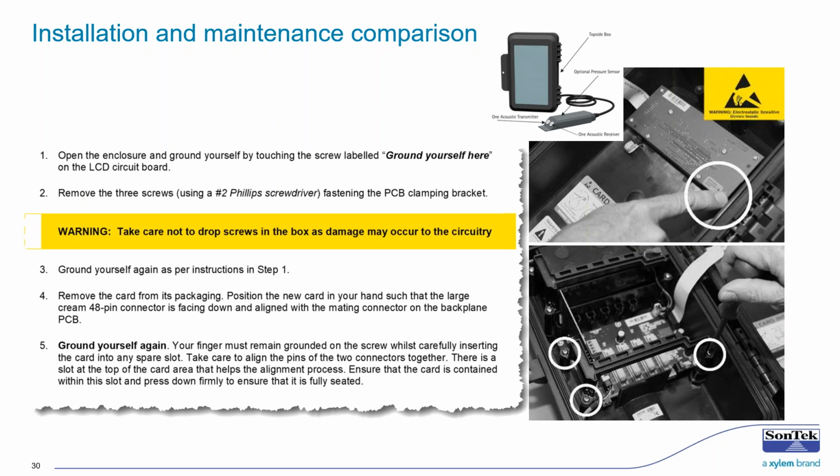As we read through the instructions, it starts by telling you to open the enclosure and ground yourself on the circuit board, then remove the 3 screws that are inside the enclosure, being careful not to drop the screws inside the enclosure for the risk of damaging the electronics, and then grounding yourself again, and then taking your card and grounding yourself the entire time that you're putting this card in there.